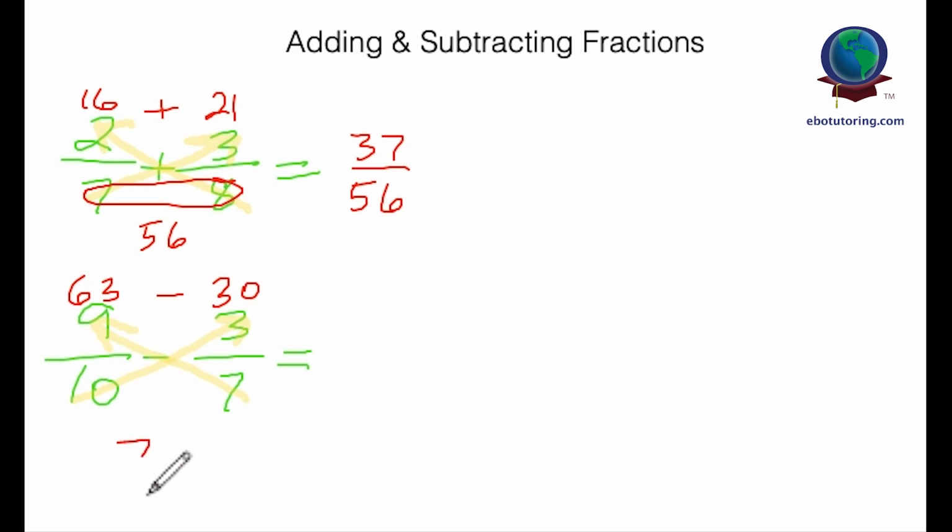And then 10 times 7 is 70. So to get the final answer, we do 63 minus 30 which gives us 33. And then, of course, the bottom is 70. Once again, this cannot be reduced because there is no number that can be divided into both 33 and 70 evenly. So, again, we are done with this problem.